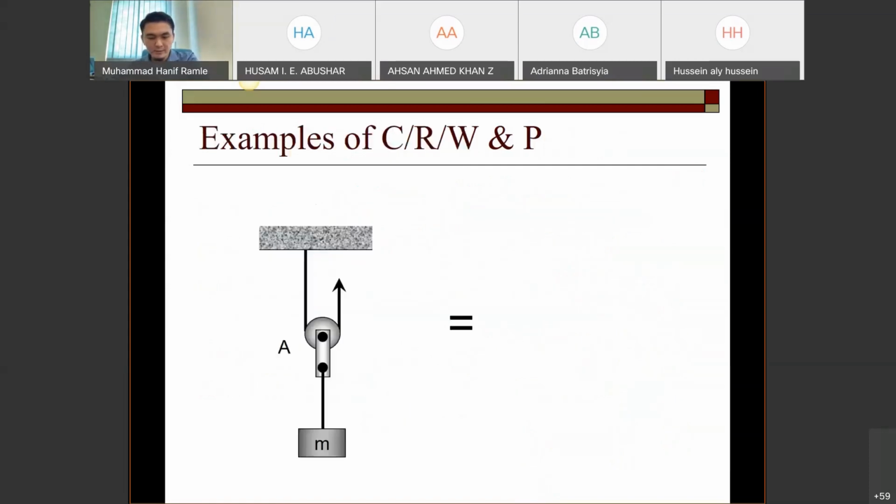Example of cables, ropes, wires, and a pulley system. If you can see here, one wire is attached to the ceiling, going through the pulley system, and the wire ends here. So from here you have to draw the FBD. Let's say you want to find the T value or the P value.